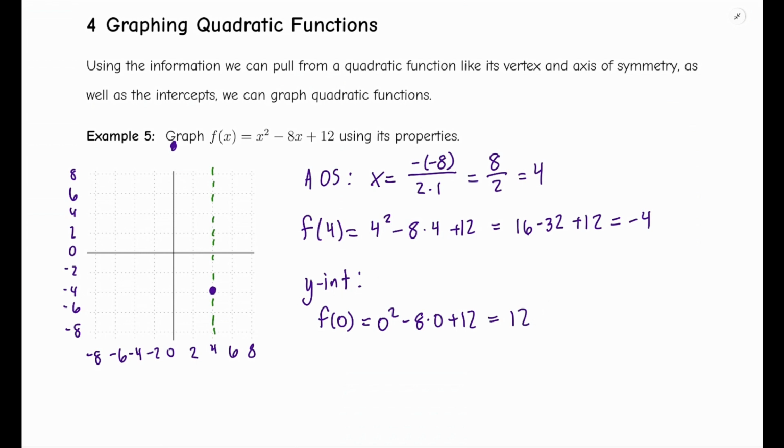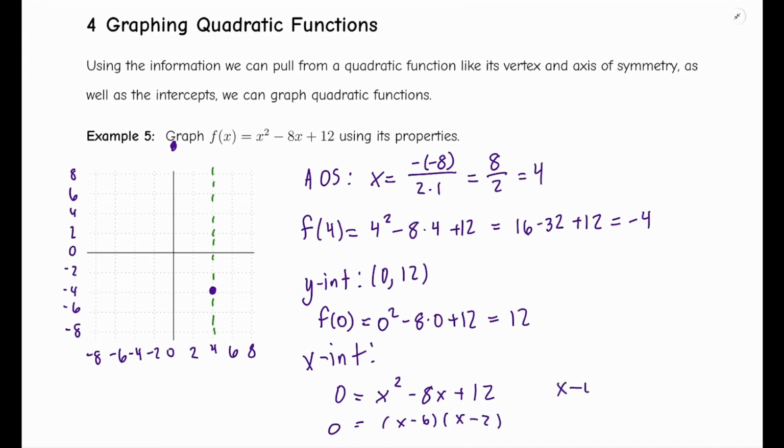And last but not least, we have the x-intercepts. So setting f of x to 0, we get 0 equals x squared minus 8x plus 12. 0 equals (x minus 6)(x minus 2). x minus 6 equals 0, or x minus 2 equals 0. x equals 6, or x equals 2.